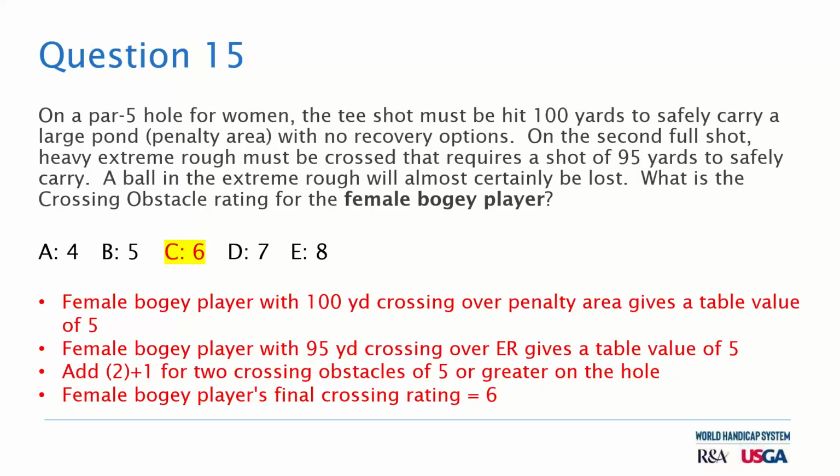So if any of you thought that almost certainly represented maybe 75% and reduced that 5 down to a 4 on the second shot and came up with a final rating then of 5 because of that, you're not wrong. It's just sometimes we have to assume people are reading it the same way we wrote it, or interpreting it the same way, but almost certainly in our minds was like 99%. Like it's pretty much a lost ball almost every time. But 75% would have given you 1 less point and would change the answer.